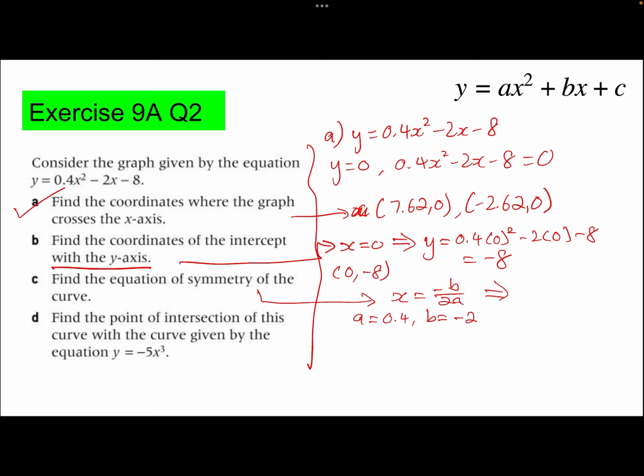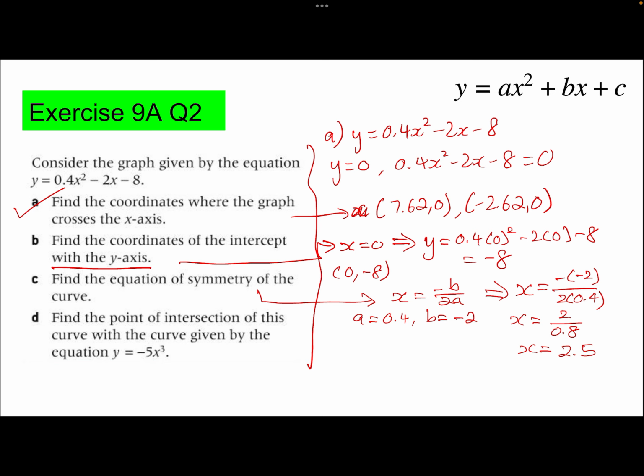So if I substitute all these values in, I should get something like this. 2 divided by 0.8, so that would give me 20 divided by 8, that should give me 2.5. Okay, so that would be the equation of the axis of symmetry. And of course, you could double check that with the calculator as well.